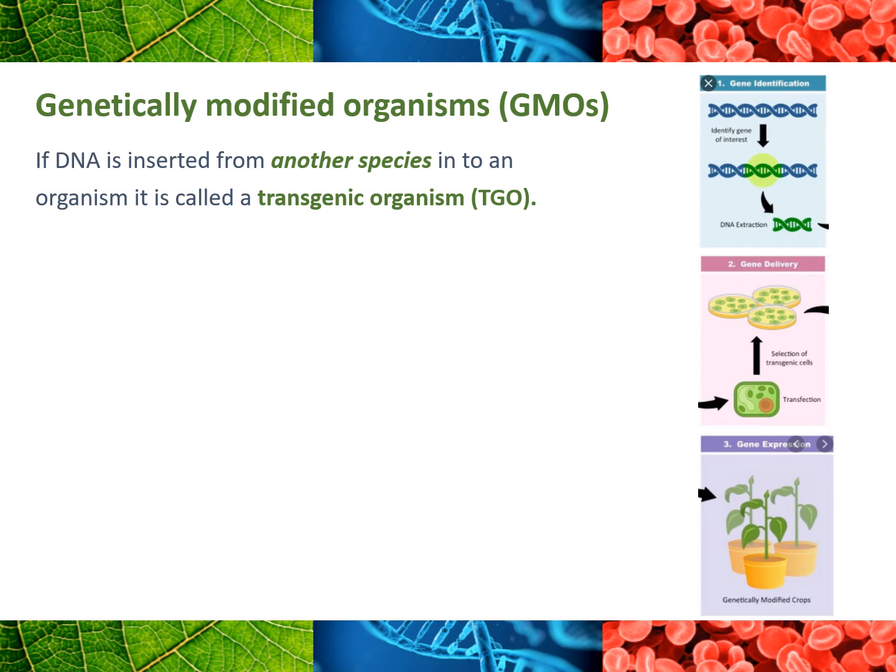There's 2 terms, and it's quite easy to get them confused, and it is really important you know the difference between these. Okay, so genetically modified organisms are any organisms that have had their DNA changed. Okay, if their DNA has been manipulated in any way, that's a genetically modified organism.